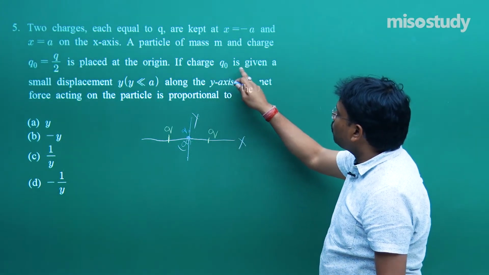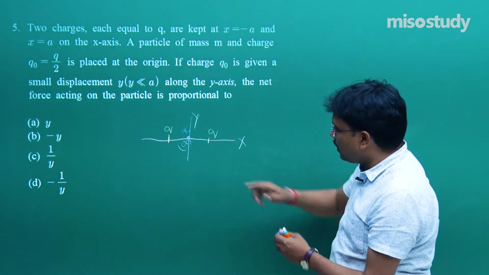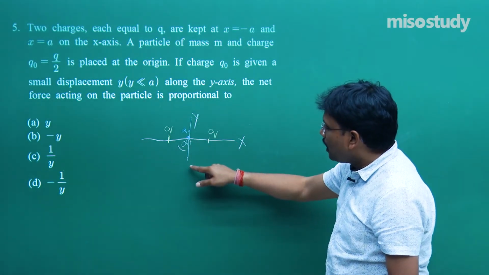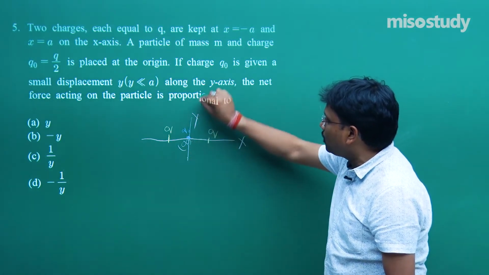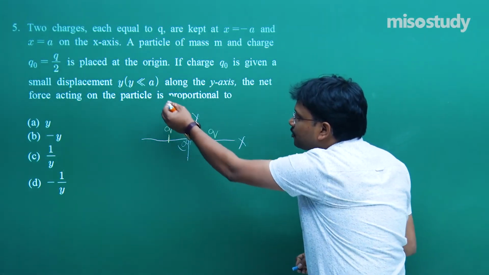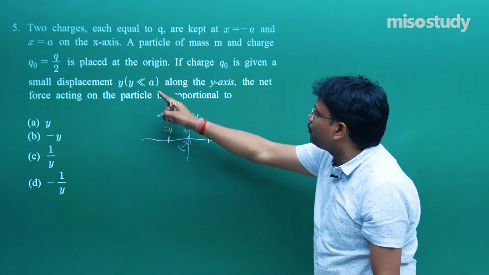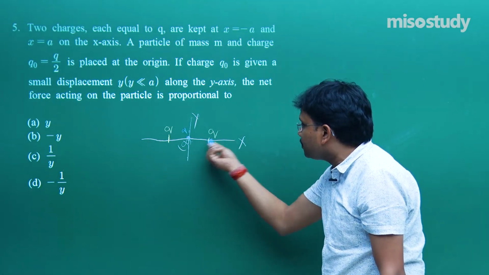If charge q naught is given a small displacement y, okay, y means now I have the freedom to pick this blue charge and release it like this. But you have to maintain one thing. This displacement of y is very, very small compared to this distance.